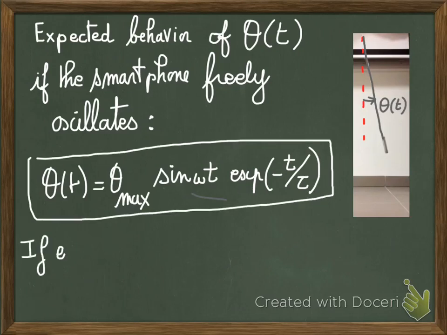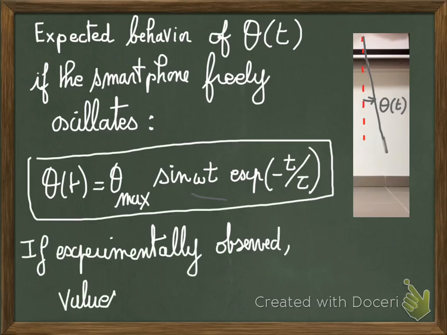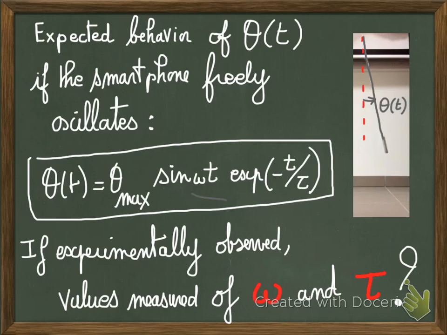We should have such an evolution of the theta angle. If that is experimentally observed, then we have essentially defined a maximum angle, frequency of oscillation, and the time of relaxation. These are the quantities that we should be able to measure if that behavior is observed, and this is where we're heading now.